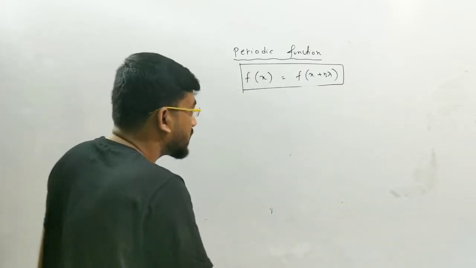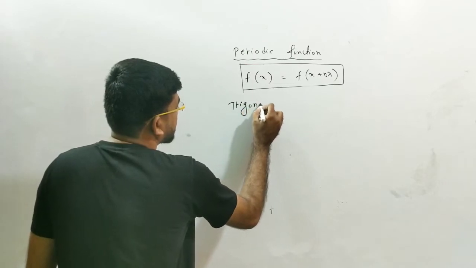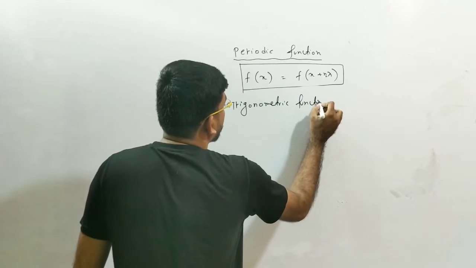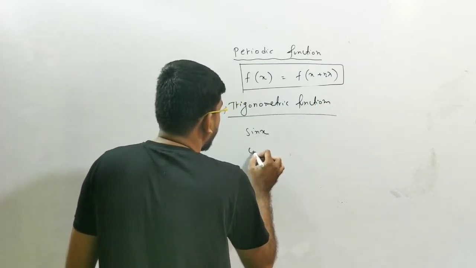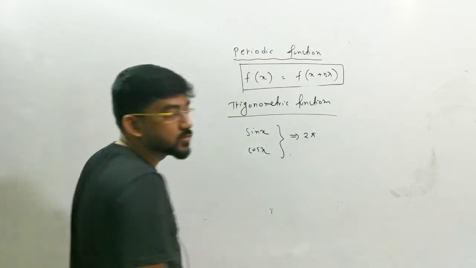Now if you talk about trigonometric functions, you should know that sin x and cos x have period 2 pi, always 2 pi.